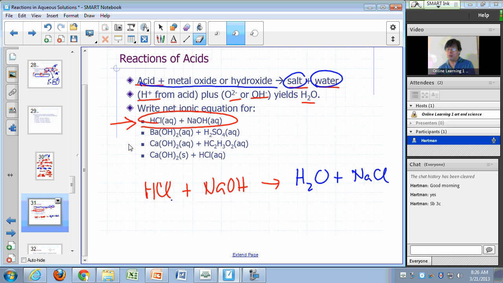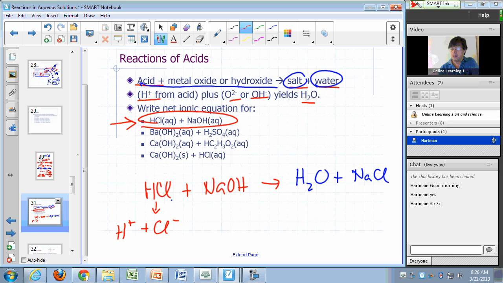Now that would be what you would call your molecular equation. What would be the net ionic equation for this? Well, let's write the ionic equation first. This is H plus chloride. Since HCl is a strong acid, I have to write it separately. Sodium and hydroxide would also be written separately because sodium hydroxide is an ionic compound, so it's going to be completely broken up if it happens to be in solution.